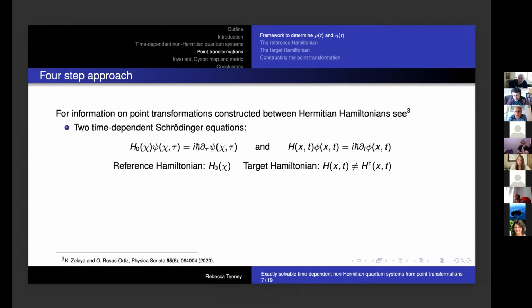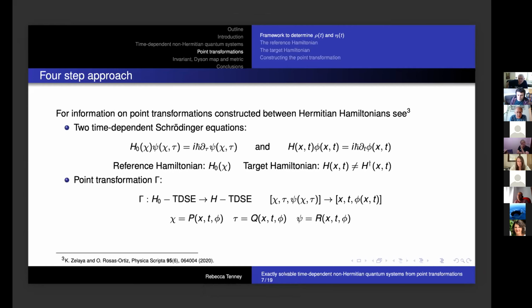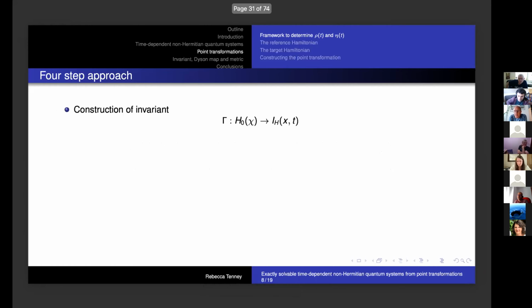As Julio said, you're transforming differential equations, from one Schrödinger equation to another Schrödinger equation. But the invariant isn't here yet. That's the next step. Once you have the transformation, then you are acting on the time independent one, but not on the entire equation.